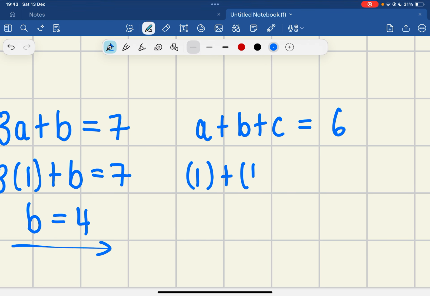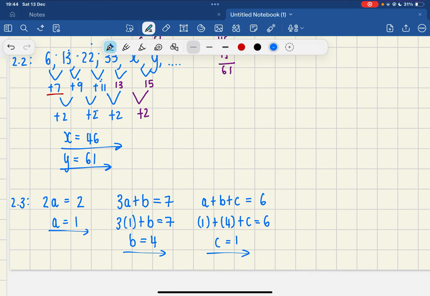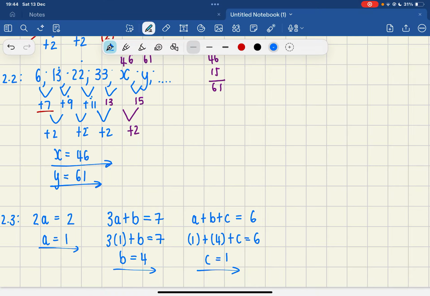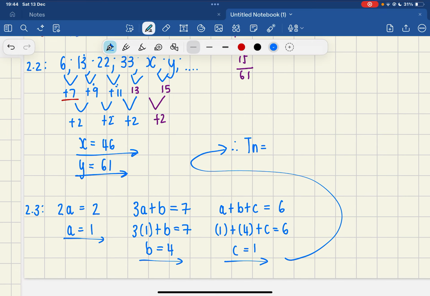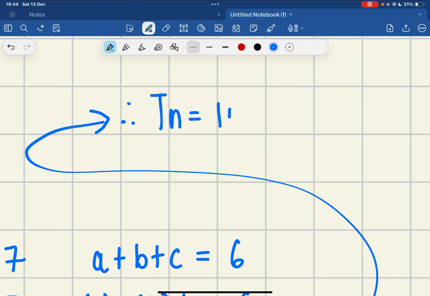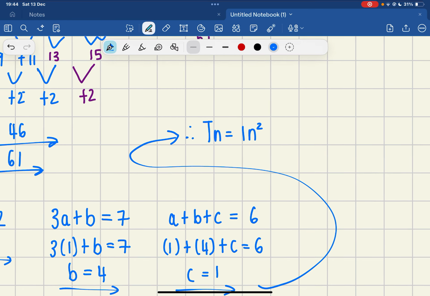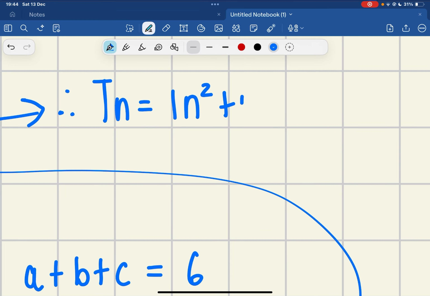Therefore, c is equal to 6 minus 5, which is 1. Therefore, T of n is equal to 1n squared plus 4n plus 1.